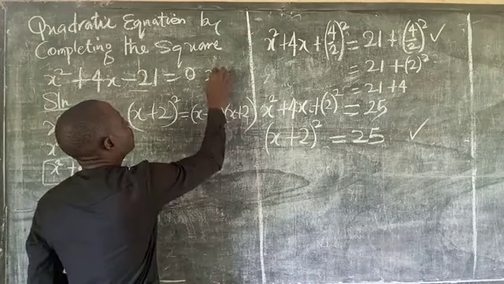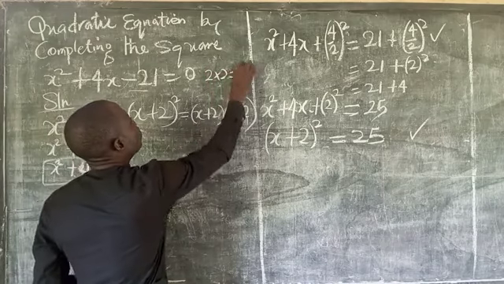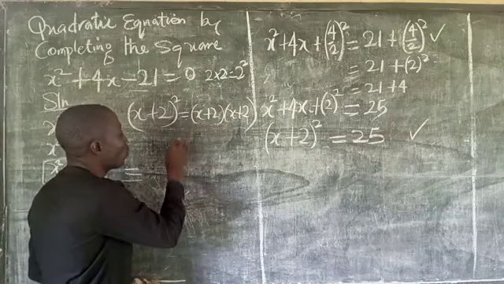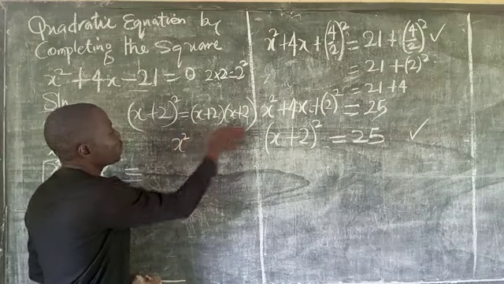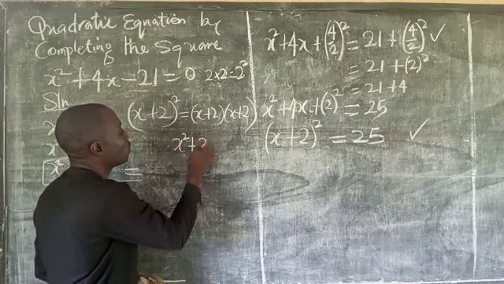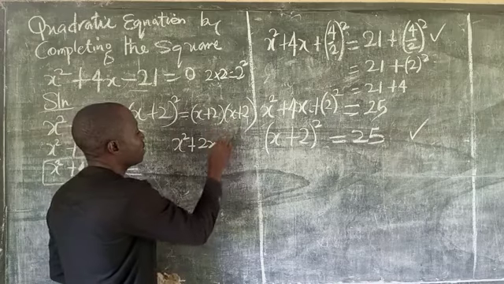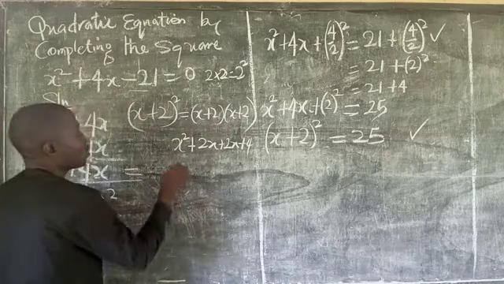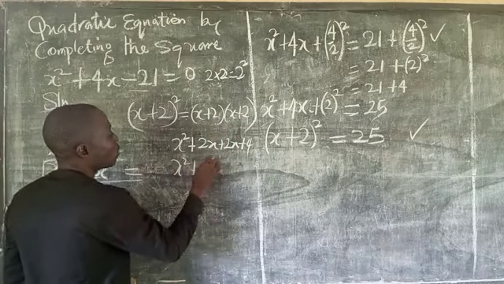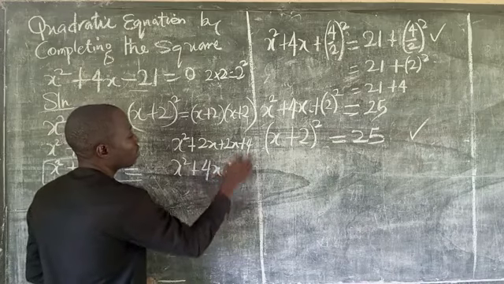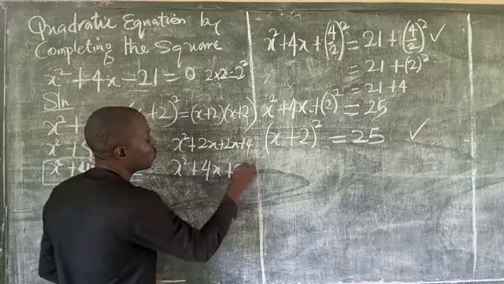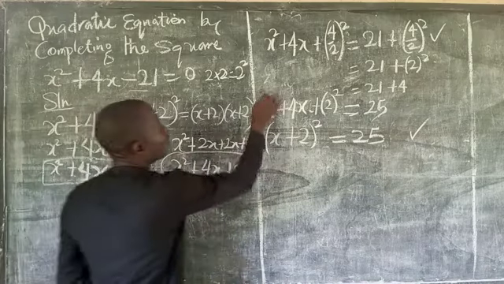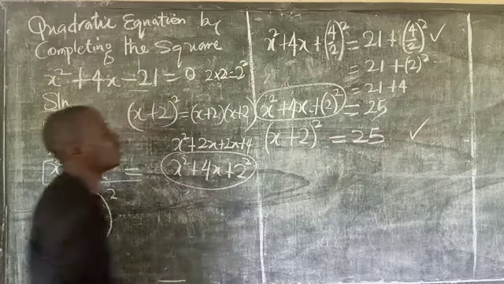Yes, this is correct. If I open this up, s multiply s, what will you have? s squared. s multiply 2 to have 2s, and 2 times s plus 2s, and 2 times 2 is 4. So s squared plus 4s plus 4, and 4 can be written as 2 raised to power 2. Exactly this stuff you have here is what you have here.